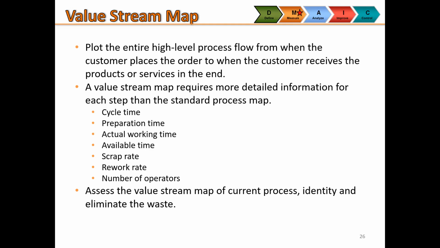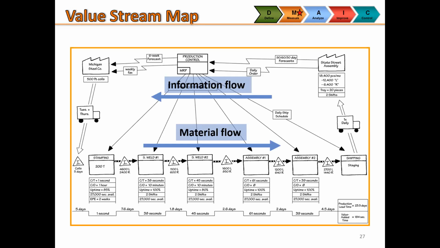I don't need much more than that. It requires going to where the work is and watching and counting. The things we're going to be looking at are cycle time, prep time, setup time, available time, scrap rate, rework rate, number of operators, and the amount of time that we have to work, I mean, in terms of demand. And it all fits onto a nice, neat map like this.